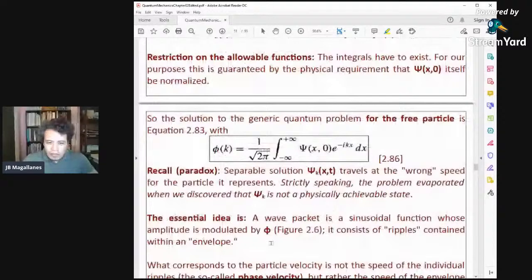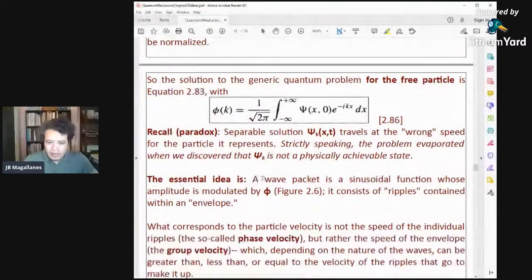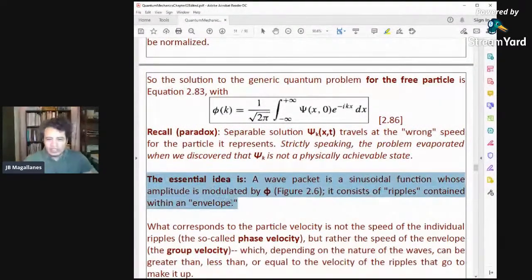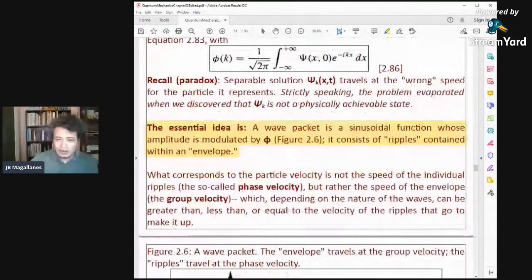So now may I just read this essential idea. A wave packet is a sinusoidal function whose amplitude is modulated by phi. It consists of ripples within an envelope. So let's look at the wave packet.